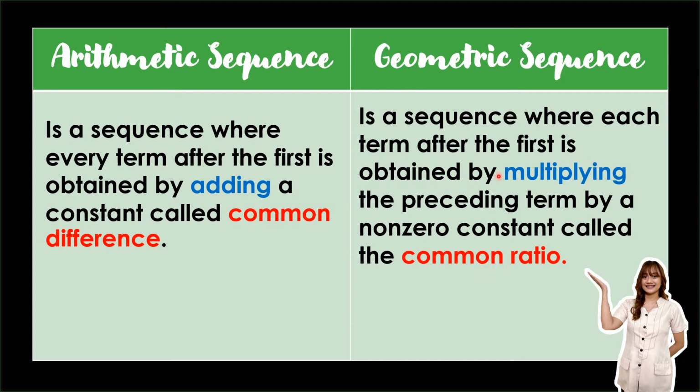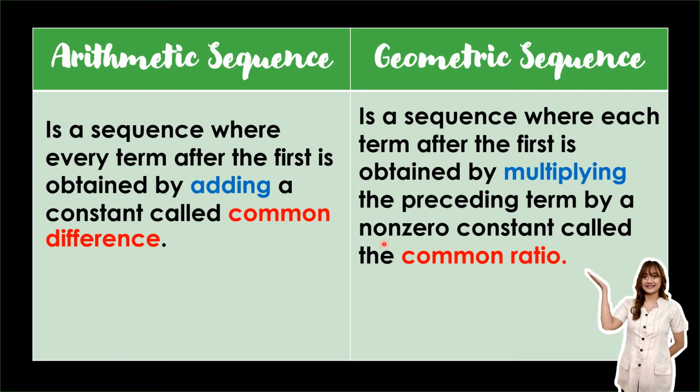So by definition of geometric sequence, we will be able to get the next term if we multiply the preceding term. And it is not merely adding a constant.